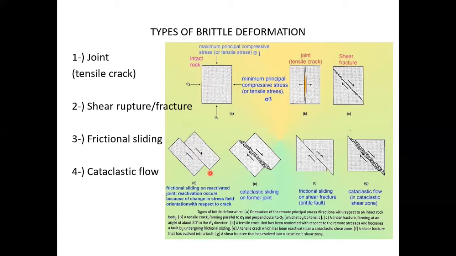And during cataclastic sliding on a former joint, basically cataclastic sliding will be similar to this frictional sliding, but the difference is pressure will be really high.